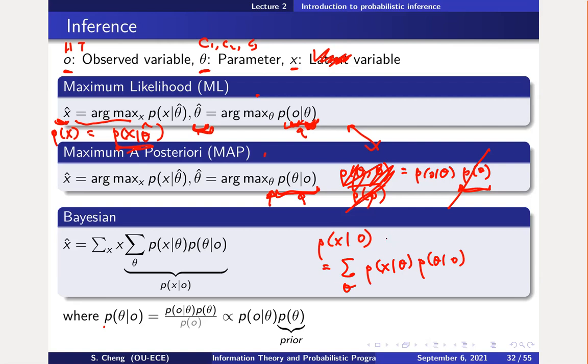And with this, of course, I can compute an estimate of X. We'll be simply computing the mean. So this is my Px given O, right? Therefore the mean, or the Bayesian estimate for X, will be simply the expectation of X with this conditional probability Px given O.